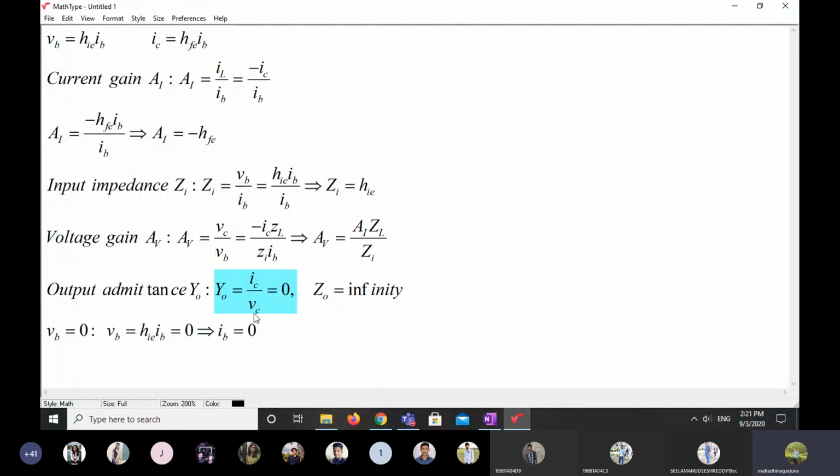So these are the 4 parameters. Now let us calculate by taking the source resistance into consideration. Please note this down, and I will tell you how, taking RS also into consideration.